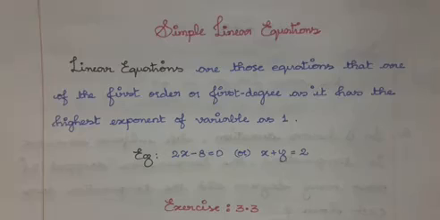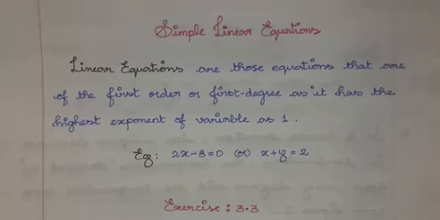We have learnt it in the last class. Variables and constants are combined by the operations addition and subtraction to construct an algebraic expression. In the same way, I can explain an equation.